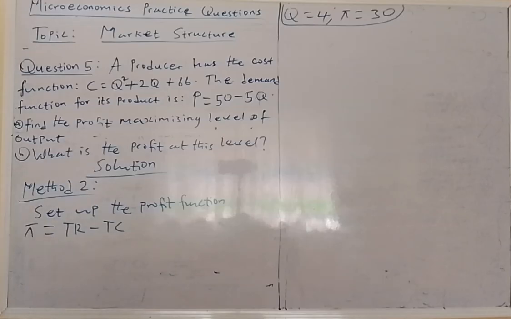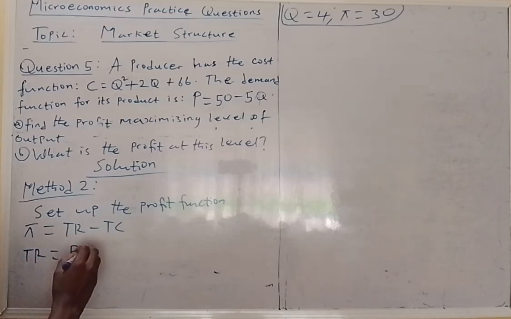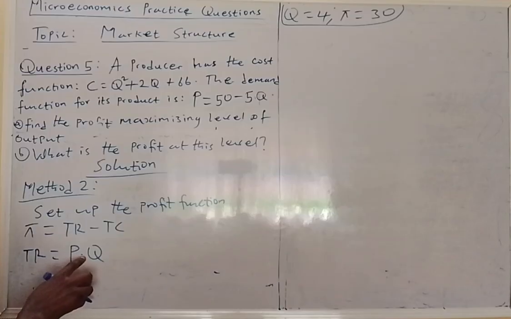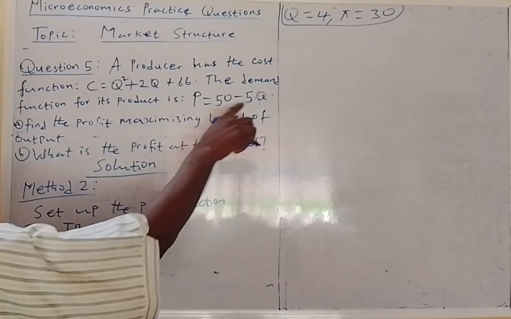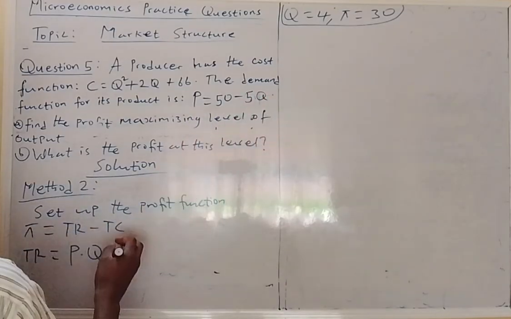And don't forget, our TR is simply P multiplied by Q. Now our P is equal to 50 minus 5Q.